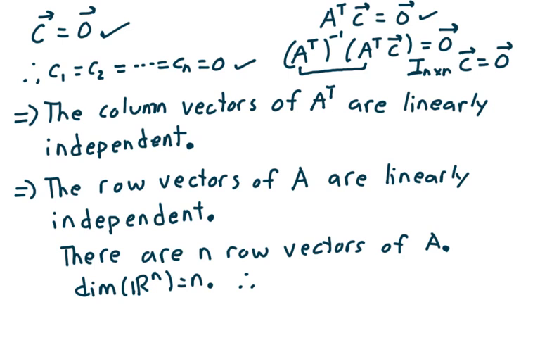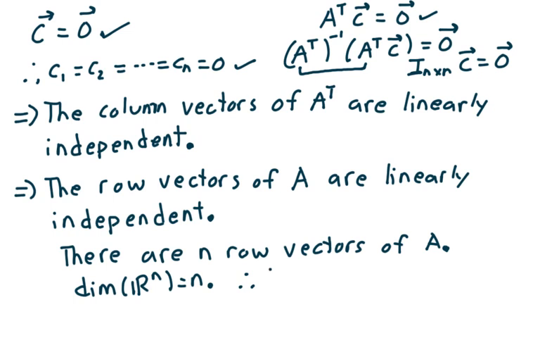There are n row vectors of A, and the dimension of Rn is n. Do we agree? Let me say it again. There are n row vectors of A that we have verified are linearly independent. And additionally, the dimension of Rn is n.